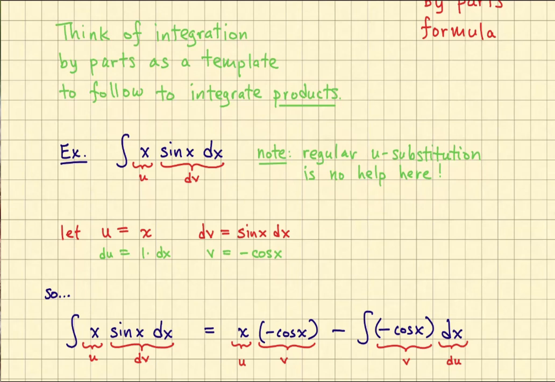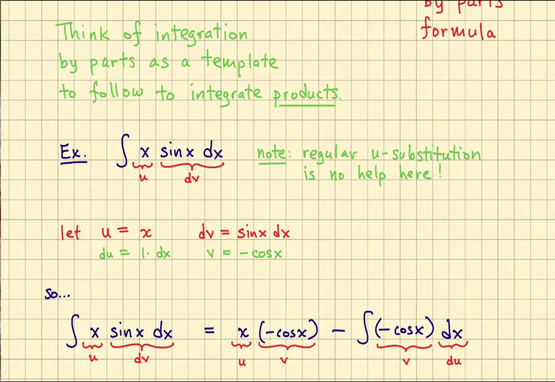And this is where it feels a little bit different than regular u substitution. On one level, you're picking two things instead of one, and then on another level, you're calculating this, which feels like u substitution, by taking a derivative, but you also have to calculate this not by taking a derivative, but by calculating an antiderivative.